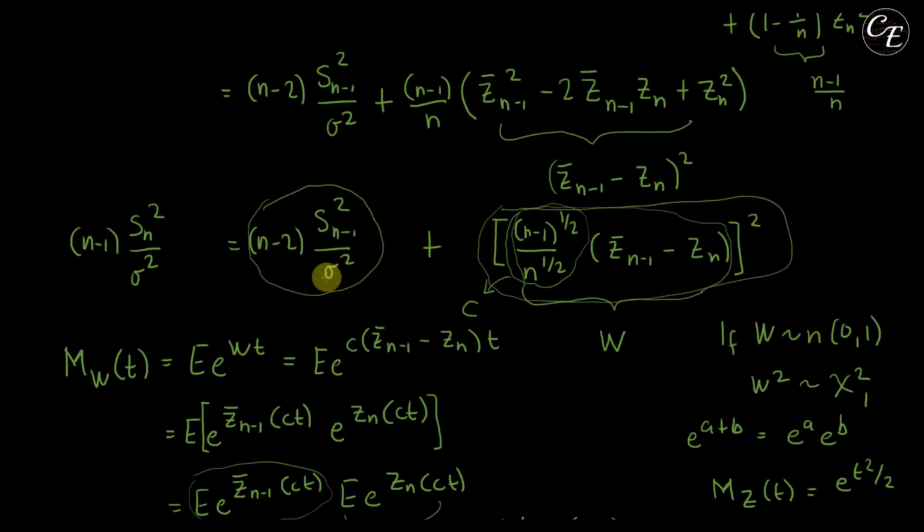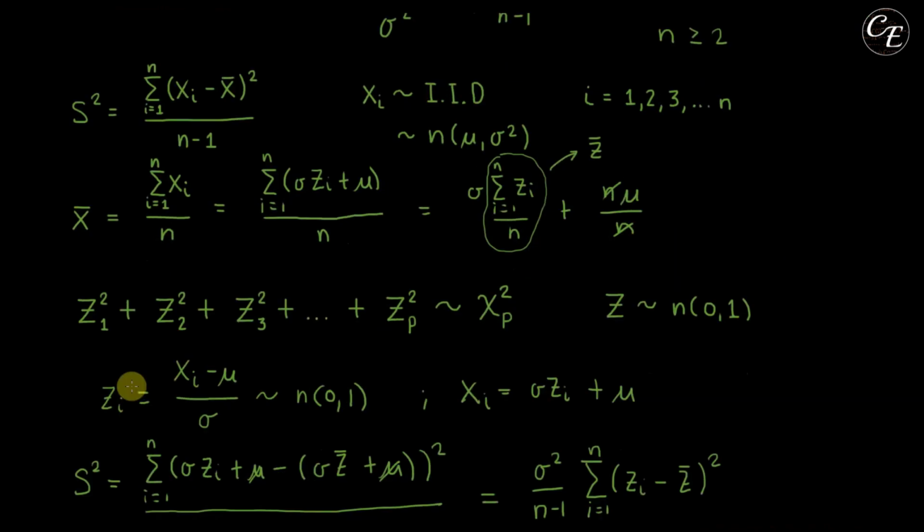Now this sigma and n are constants, so this expression is a function of the standard deviation of the first n-1 samples. And then in here, it is a function of, so for z sub n, remember that we use the transformation z sub i is equal to x sub i minus mu over sigma.